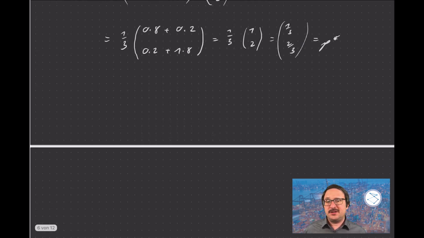So the disease is not going away. It's not going to affect us all, but it's going to affect a certain number of people all the time. And of course, the only way to change that here is to change something about the parameters, for example, the infection rate. Then things might change for the better or for the worse, depending on what we actually do. So that doesn't really tell us how the epidemic will behave, but it tells us if we get to this point, then that's where we'll stay.